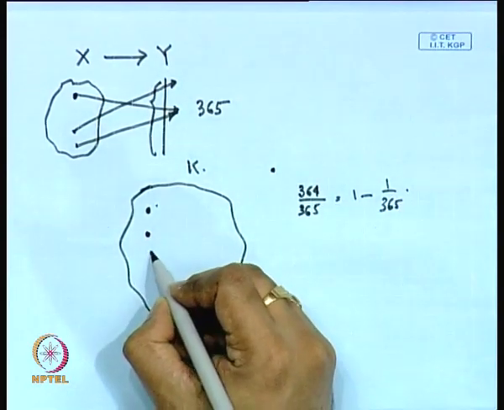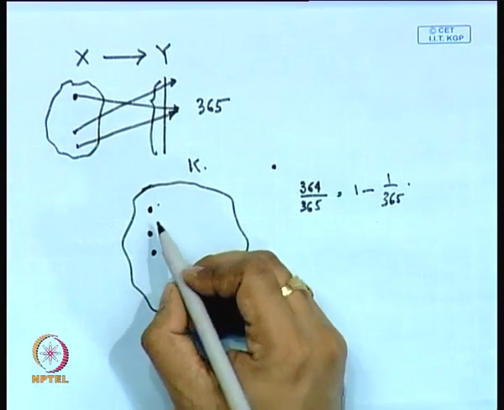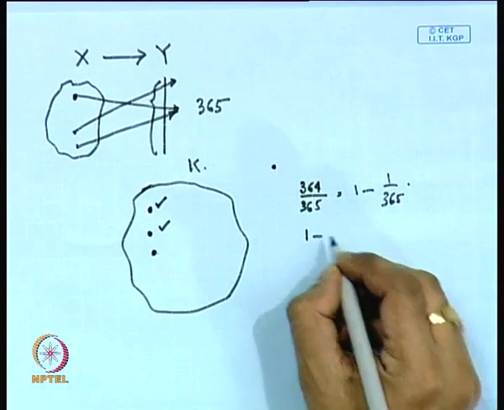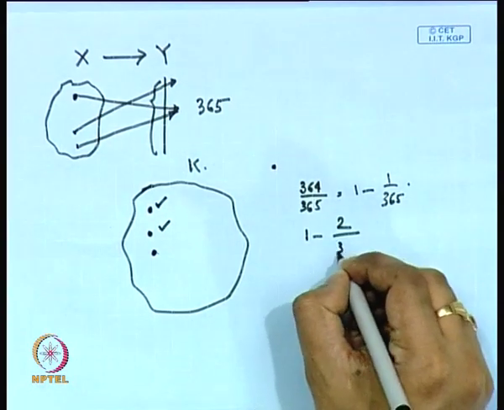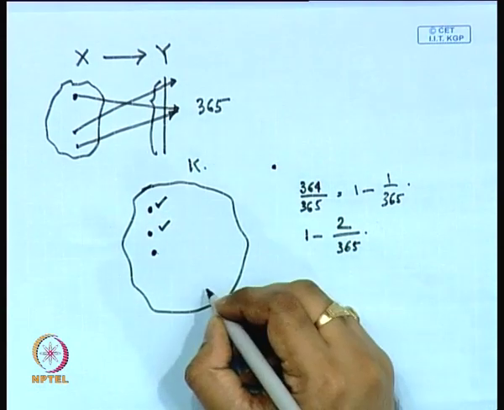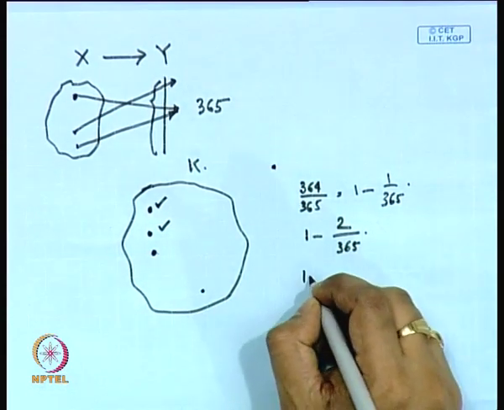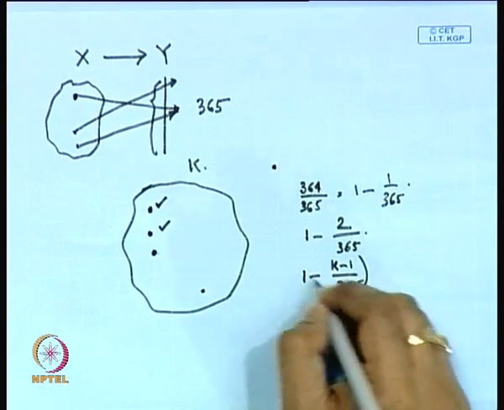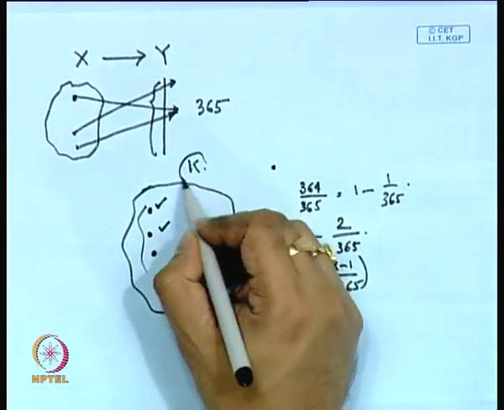What about the third person? The third person cannot be born on this date or this date, so his probability will be 1 minus 2 divided by 365. Similarly, if I consider the last person, his probability will be 1 minus (k minus 1) divided by 365, because there are k persons in this set.